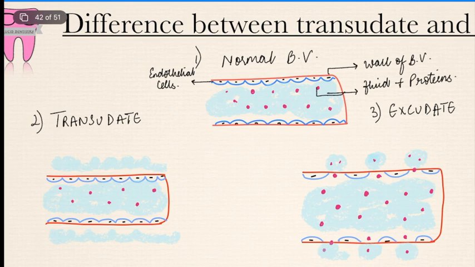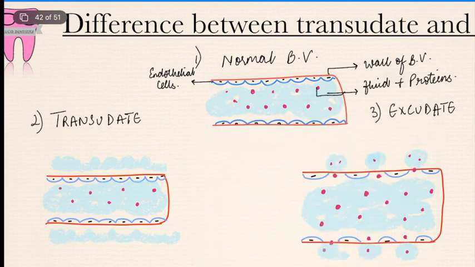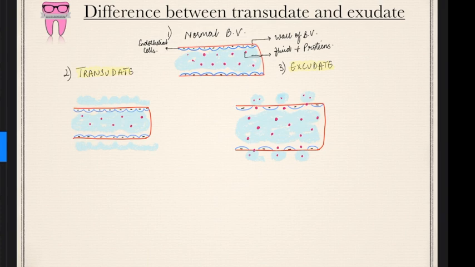Now let's understand what happens in transudate and exudate, how these two things are different. As we have already studied, transudate occurs because of hydrostatic imbalance between the capillaries and the surrounding tissues. Now, what is hydrostatic imbalance?